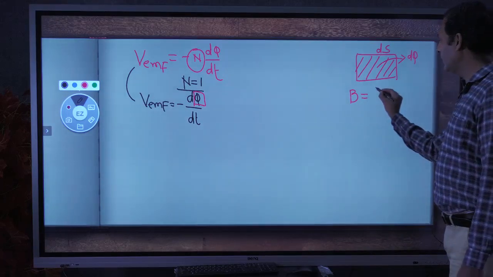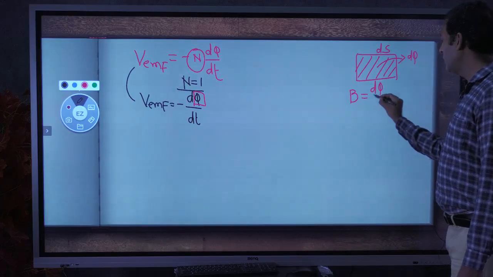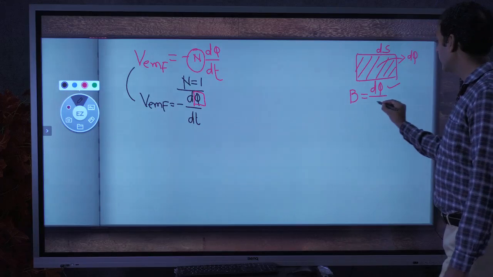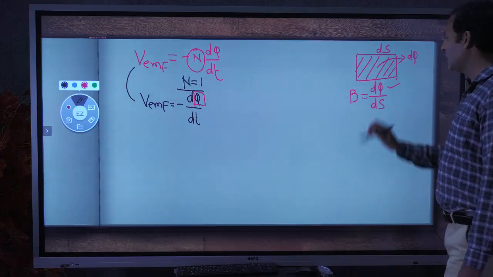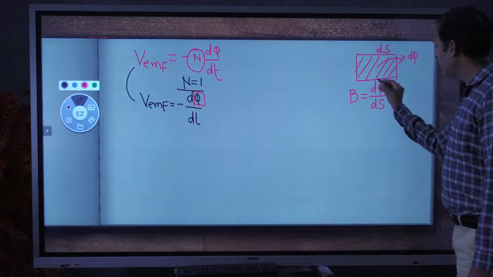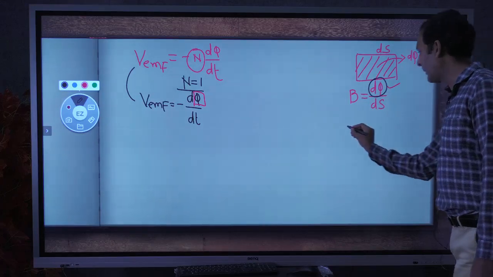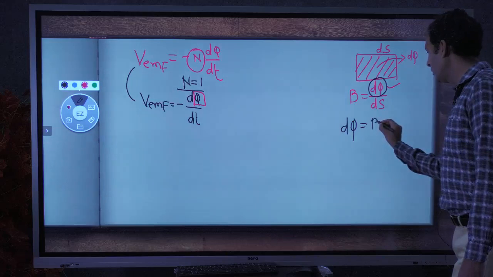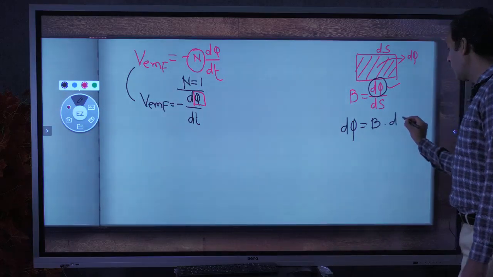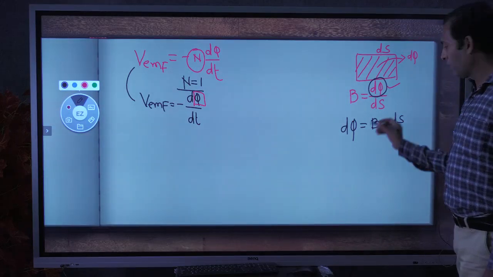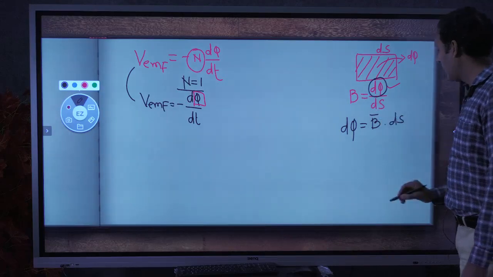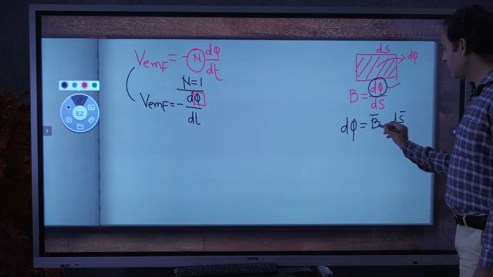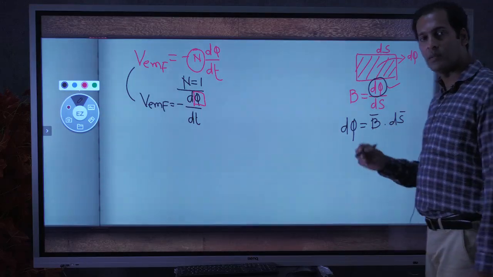So we can write B is equal to d phi by the surface area, that is ds. From here, if we want to find d phi, we can write d phi is equal to B dot ds. For vector fields, we put a bar on the vectors, so d phi is equal to B bar dot ds bar.